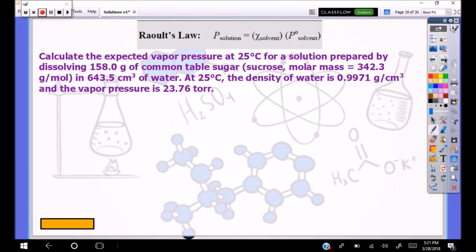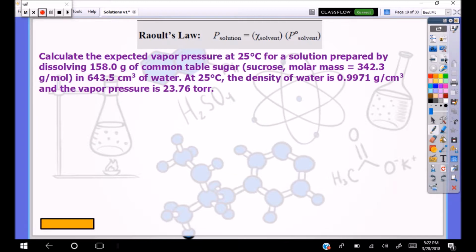There's going to be some stoichiometry here, but that is okay. The key is that we expect a vapor pressure lower than 23.76 at the end of the day. As we dissolve this sugar, it should cause the pressure to go down because fewer water molecules are escaping the surface, since they are interacting with our solute.